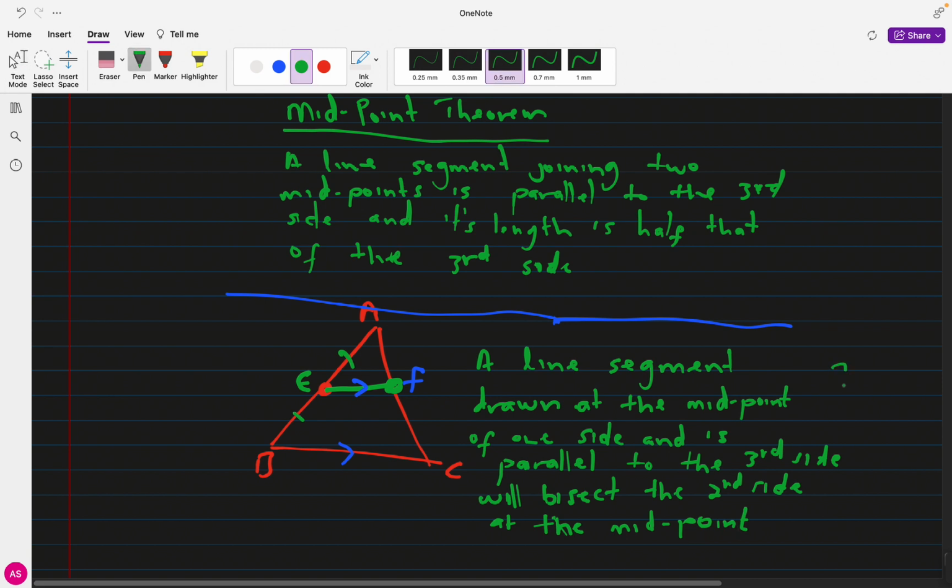And this is your converse, guys. This is your converse midpoint theorem.